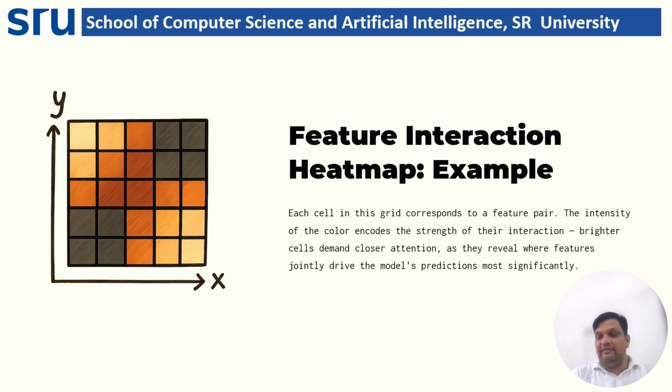Each cell in this grid corresponds to a feature pair. The intensity of the color encodes the strength of the interaction. Brighter cells demand closer attention, as they reveal which feature pairs jointly drive the model's prediction most strongly.